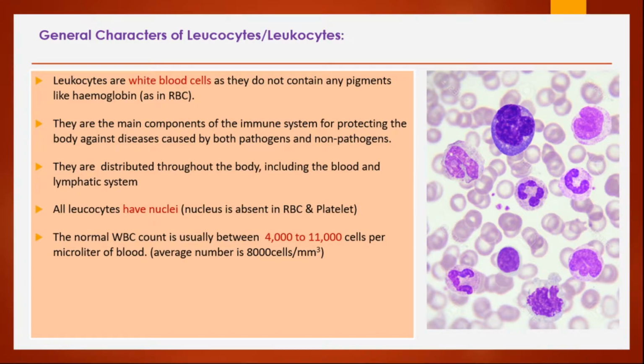However, a malignant, cancerous condition called leukemia is also a type of leukocytosis. But all leukocytosis are not leukemia. Abnormal decrease in WBC is known as leukocytopenia or simply leukopenia.